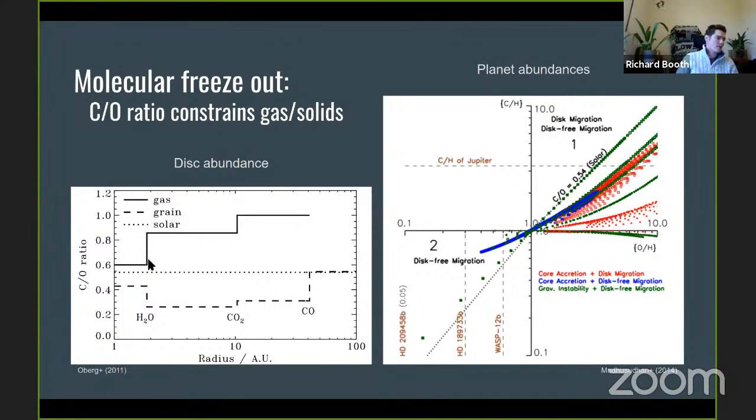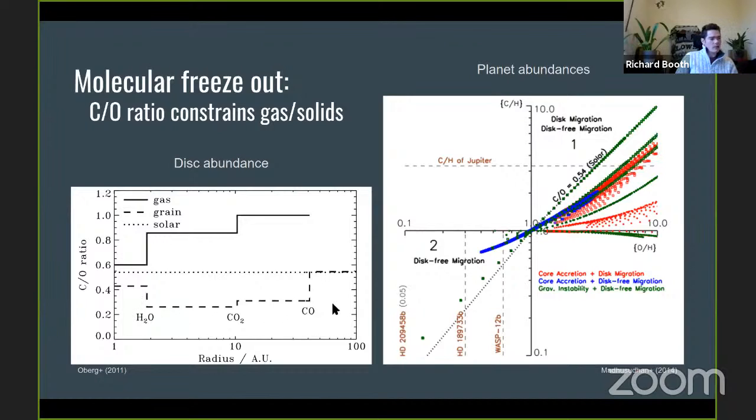As you go further away from the star, the disk gets colder, so more and more volatile species freeze out. That process leads to an enhancement of the C/O ratio of the gas, but a decrease in the total metallicity of the gas because you've locked up some of those metals into solids. And then the solids always have a C/O ratio that's lower than that of the gas.